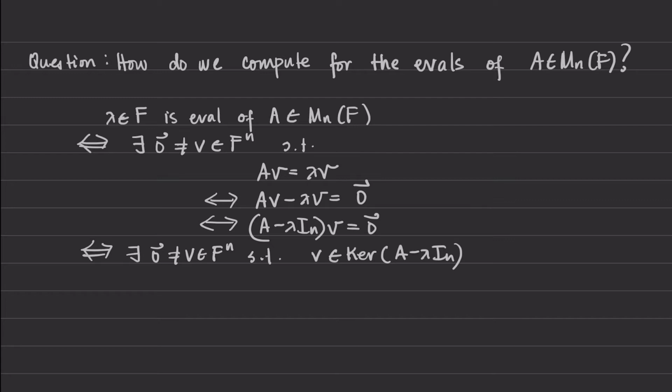Okay? Tapos, kung mapapansin ninyo, itong V mo is non-zero. So, kapag ang kernel ng isang matrix ay may laman na non-zero vector, automatic yung matrix mo ay singular. So, therefore, this is singular. So, A minus lambda I_n is singular.